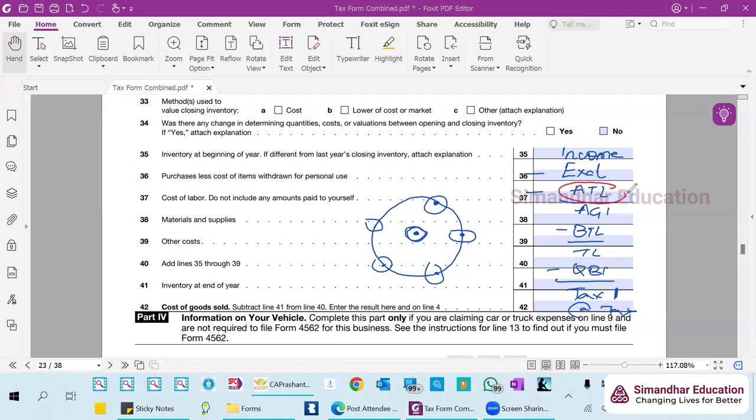Now there are multiple above the line deductions, because when I am talking about above the line deductions, it's not that I come here and talk about above the line deductions. No, I'll tell you what I'll do. I'll complete income.